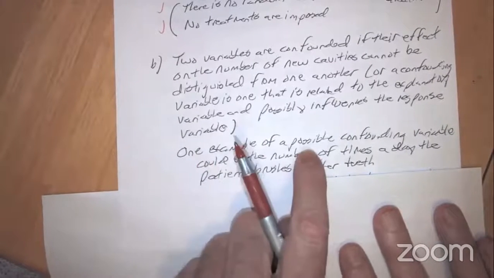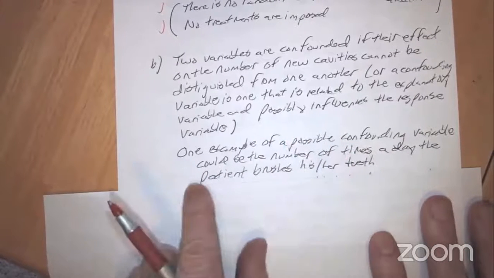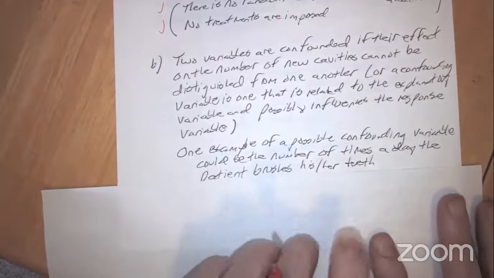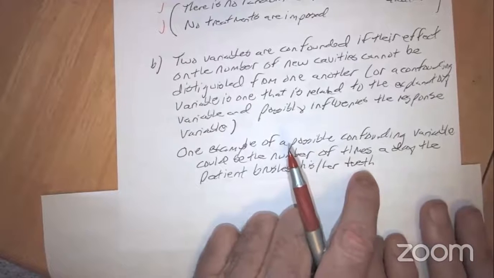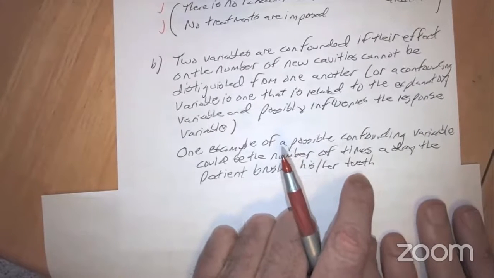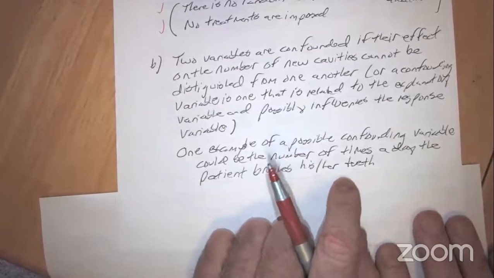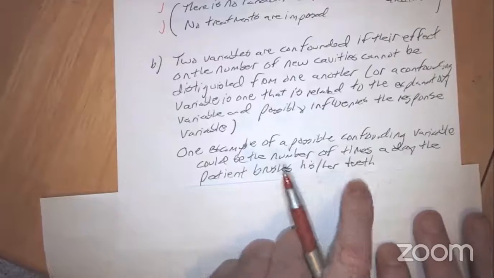So one example of a possible confounding variable could be the number of times a day that patients brush his or her teeth. That seems to me to be another factor in the number of cavities that you might get. Or the number of apples you eat, I don't know if that impacts it or not, but I'm pretty convinced that every time I go to the dentist, he makes sure that I'm brushing 3 or 4 times a day.